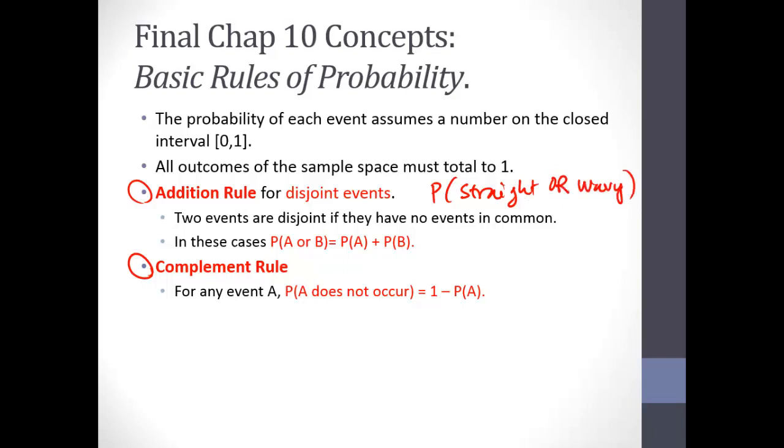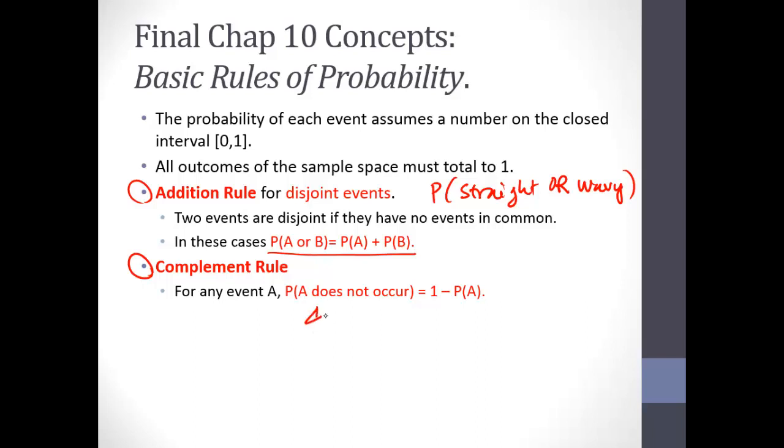Keep that in mind. That was what we did there. And if those events can't happen at the same time, then we can add them together. That's what we're going to call our addition rule. So the probability of one event happening or another event happening is simply you can add up the probabilities of each of those events happening.